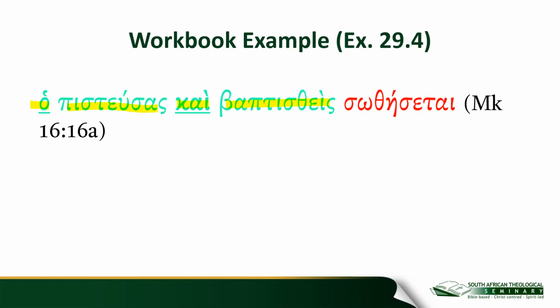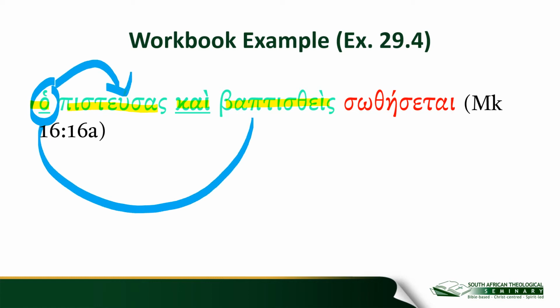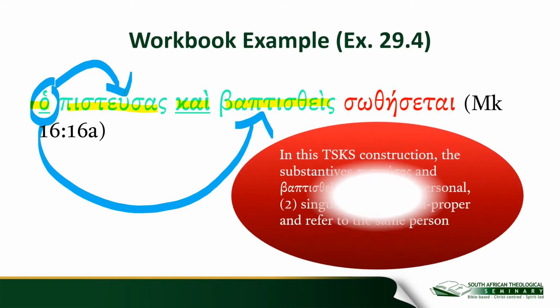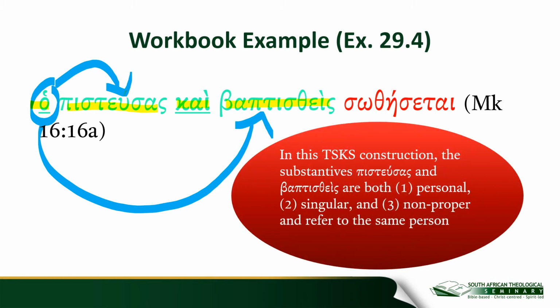What is very important to note is that the article is governing both substantives, pisteusas and baptistheis. What we also note is that both substantives are personal, they are singular and non-proper. So according to the Granville Sharp rule, they are referring to the same person.